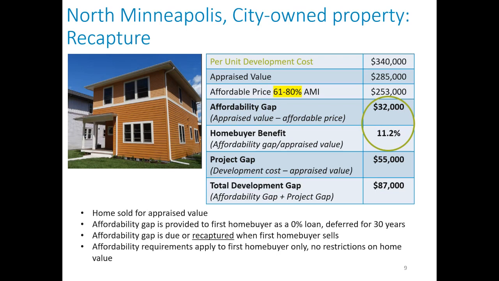In order for it to be affordable to a household at that 61% to 80% AMI target income range, we would need to provide an $87,000 subsidy to reduce the purchase price to $253,000, which that home buyer would then get a 25.5% benefit from that, because we are buying down the price that they have to purchase the home at by 25%, if that kind of makes sense.